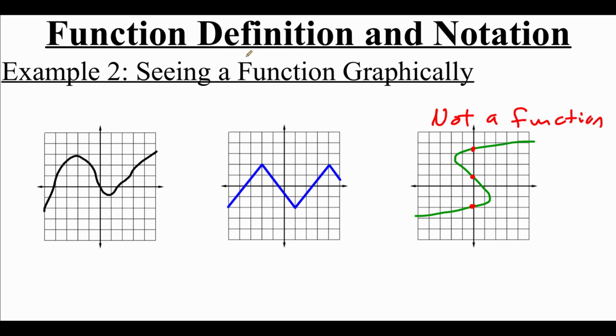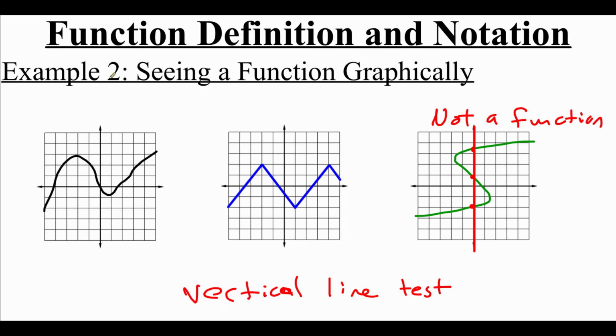And the test that we can run in order to show if something is a function or not a function is the vertical line test. What the vertical line test says is, if you draw a vertical line along the graph of a function, and that line hits your graph in more than one place, then your graph does not represent a function.